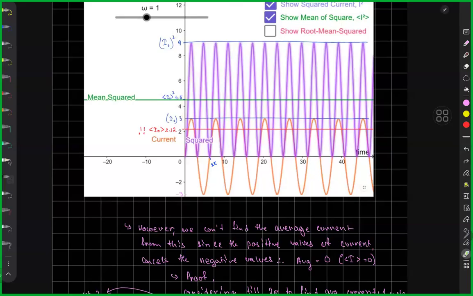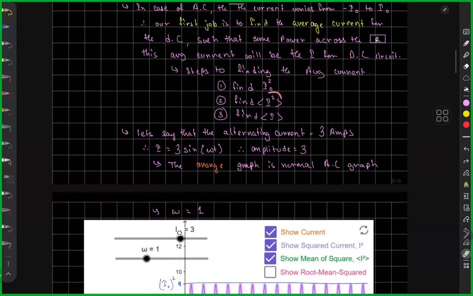Now, the reason I'm showing this purple graph is to make sense of the mean square value. You get to this point, I naught square, that is 9.